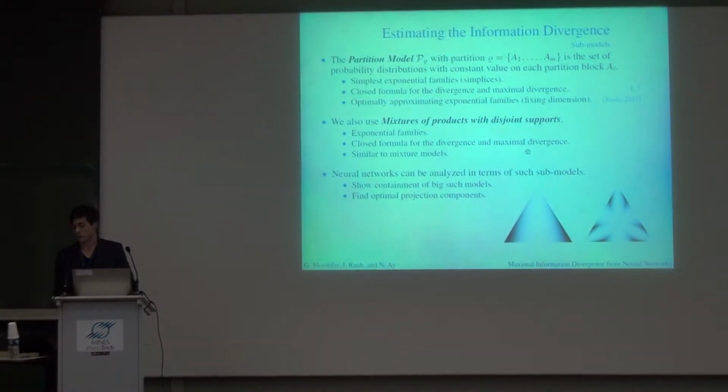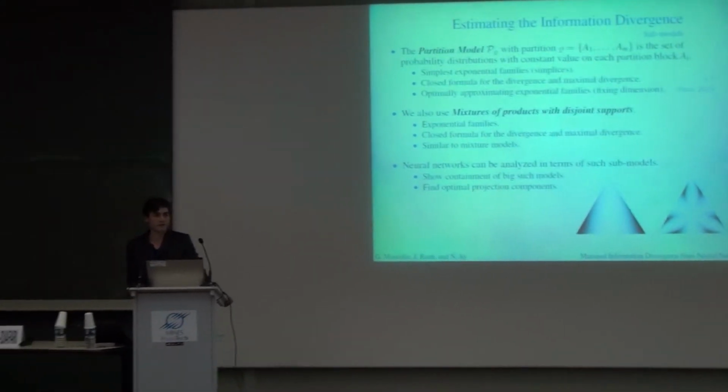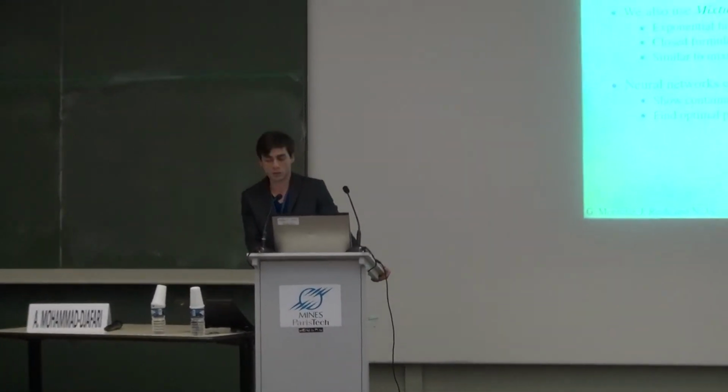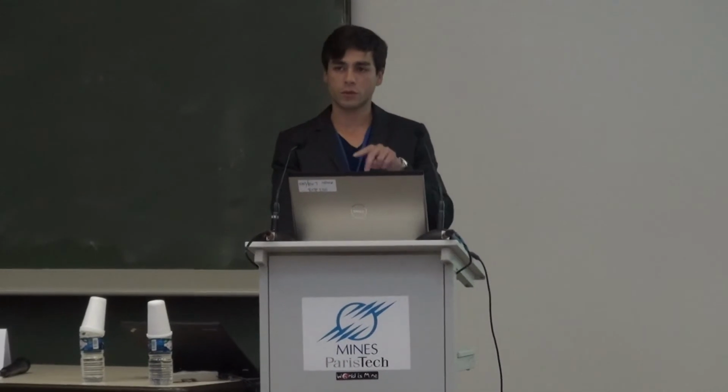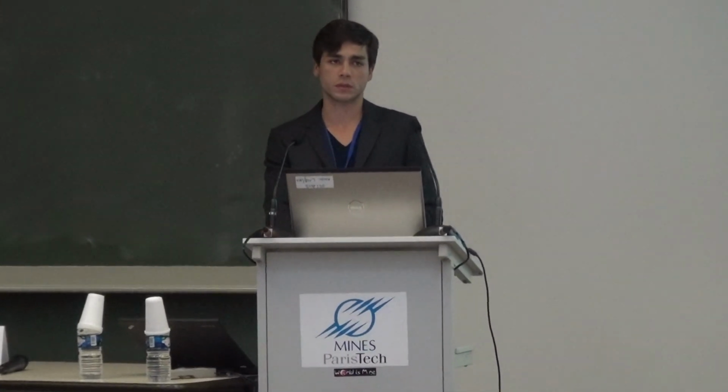The other kind of models that we're going to be looking at as submodels for neural networks are mixtures of product distributions with disjoint supports. This is almost like a naive Bayes model or a mixture of product distributions, but all the arguments of the mixture have disjoint supports, and this is crucial because when you mix models with disjoint supports, if these models are exponential families, the result is going to be an exponential family as well.